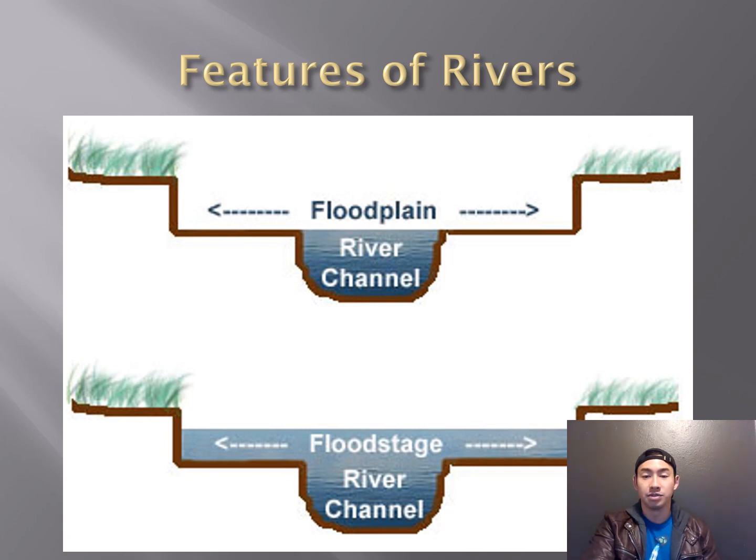Ideally, you don't want to be building on the floodplain, but we still tend to do that from time to time. So humans have developed levees to essentially block the flooding of the river, so we're able to live a little bit closer and live on this floodplain. And when the levees break, we of course have flooding.